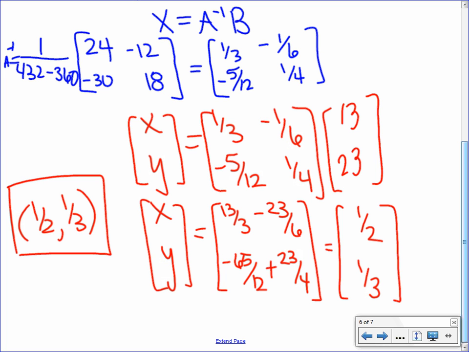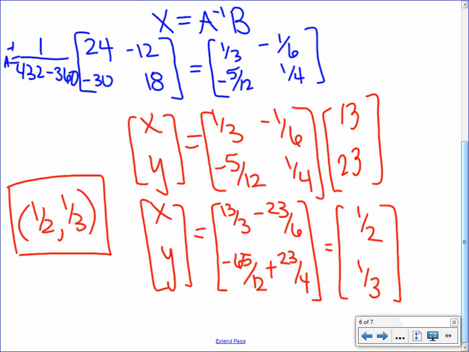Now, if the inverse is nice, this is pretty speedy. Now with a 3x3 matrix, I am not teaching you how to do those by hand for an inverse.